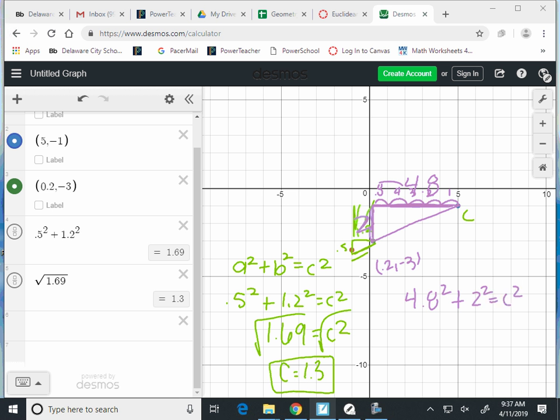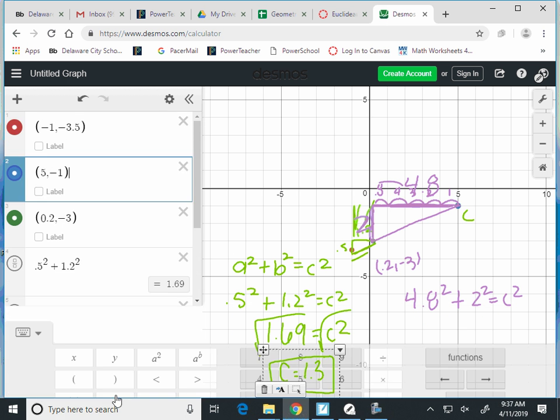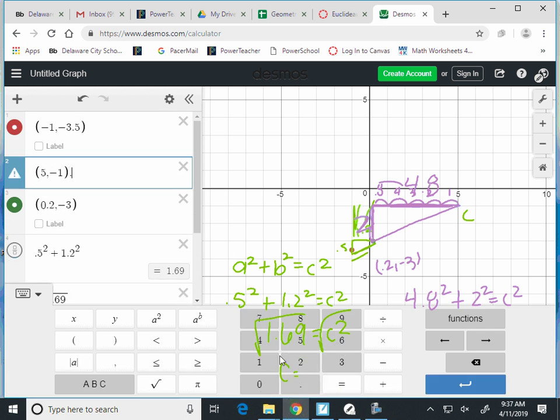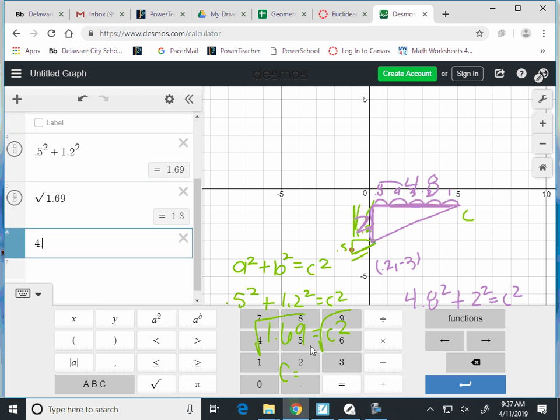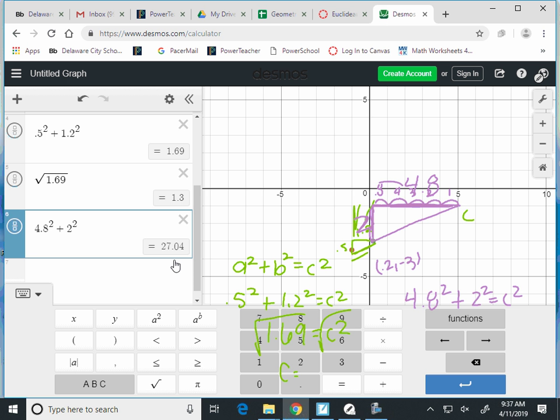And when we plug that in, 4.8 squared plus 2 squared, we get 27.04.